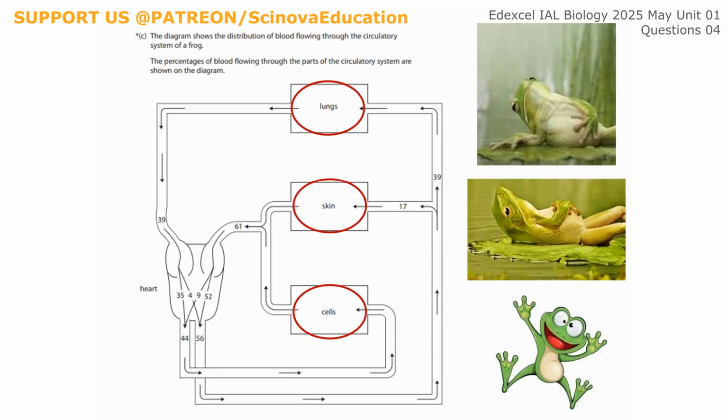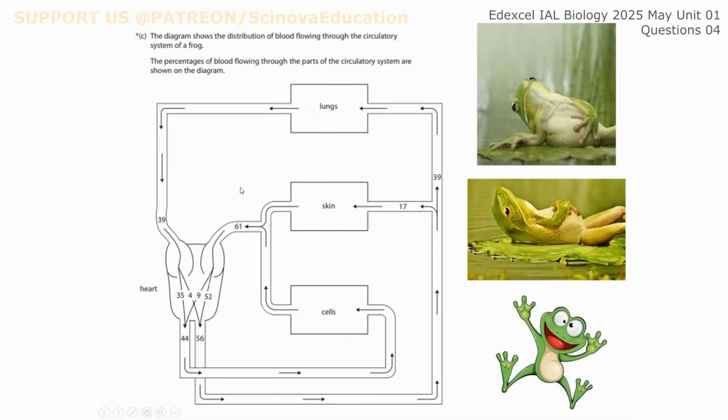but 56%, a majority, is getting into the skin and lungs, and blood from lungs is getting straight away oxygenated. After oxygenation, it gets straight away into the left atrium, and from there it gets into the ventricle and into the blood vessel which is supplying the body cells.